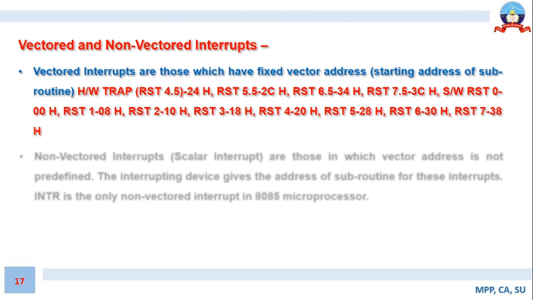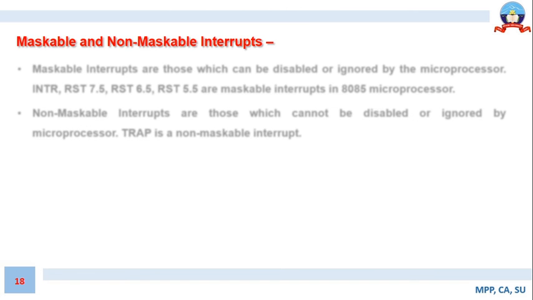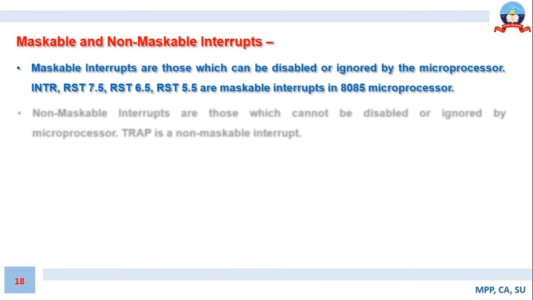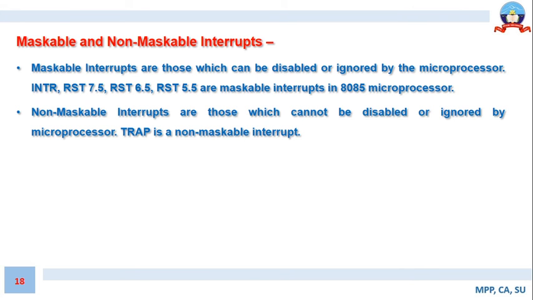Then we moved on to the next way of classifying interrupts, that is maskable and non-maskable interrupts, where we learned that maskable interrupts can be ignored or disabled by the microprocessor, whereas non-maskable interrupts cannot be disabled or ignored by the microprocessor.